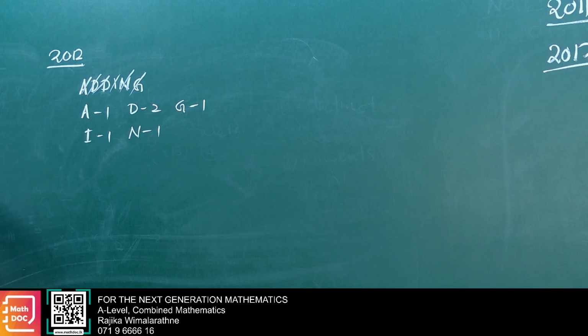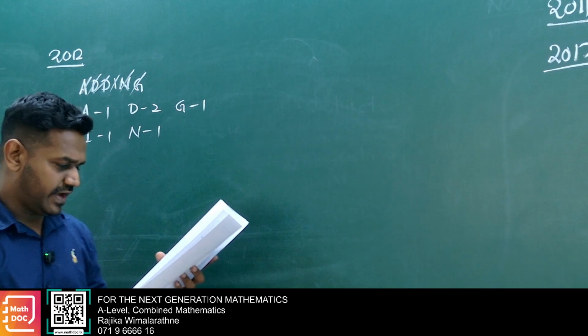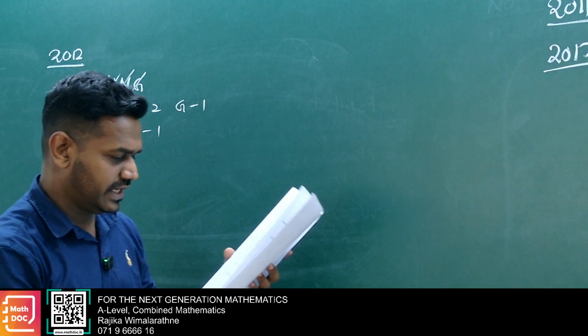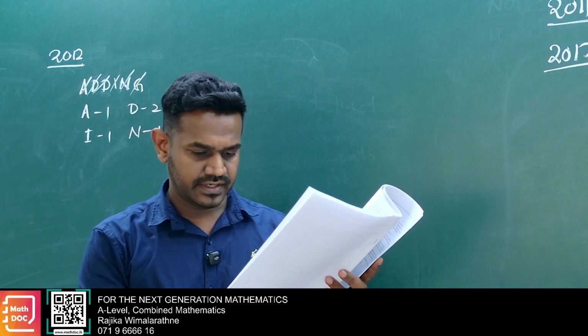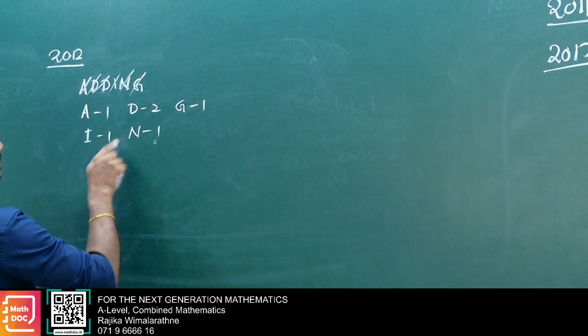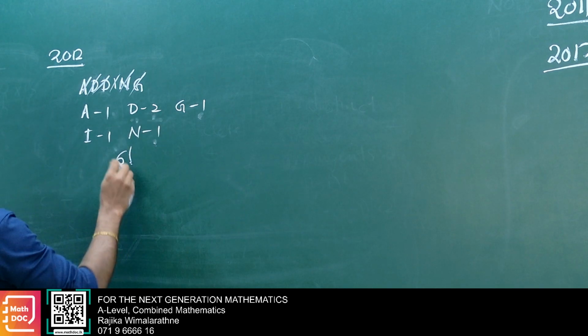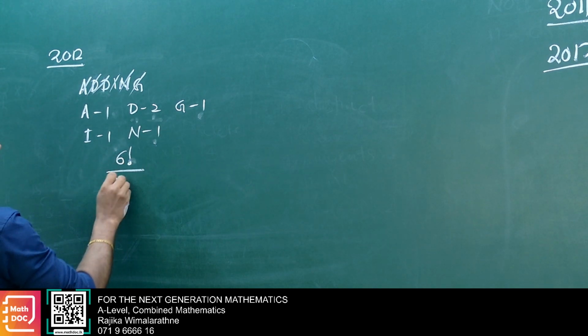Find the number of arrangements that can be made using all the letters of the word ADDING. All together we have 1, 2, 3, 4, 5, 6 letters. So we have 6 factorial, and to remove the equal ones, divide by 2 factorial.